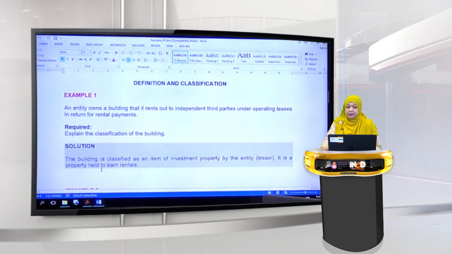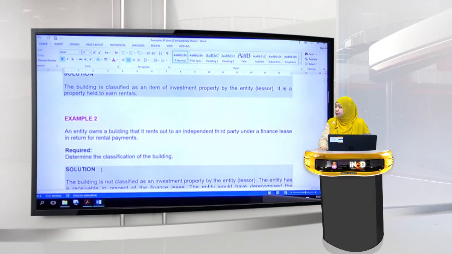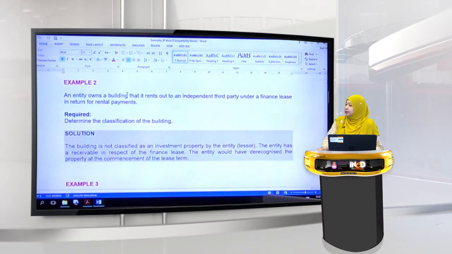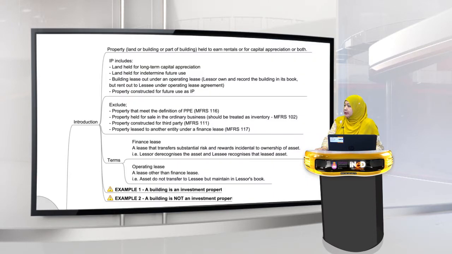Okay. Now let's look at example number 2. An entity owns a building that it rents out to an independent third party under a finance lease in return for rental payments. So recall that with a finance lease, we derecognize the asset and the lessee recognizes that lease asset, meaning that we have transferred the substantial risks and rewards of ownership of the asset.